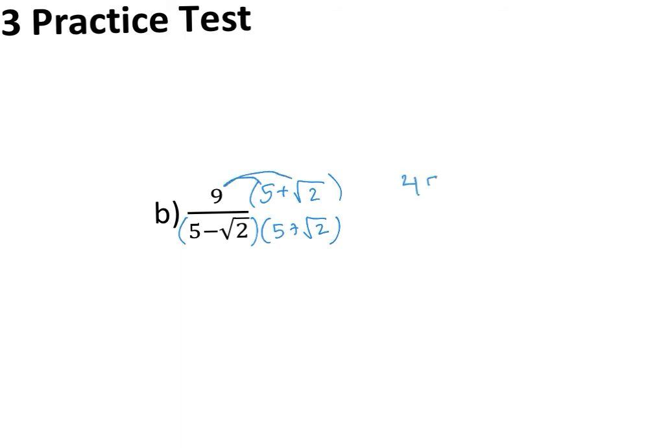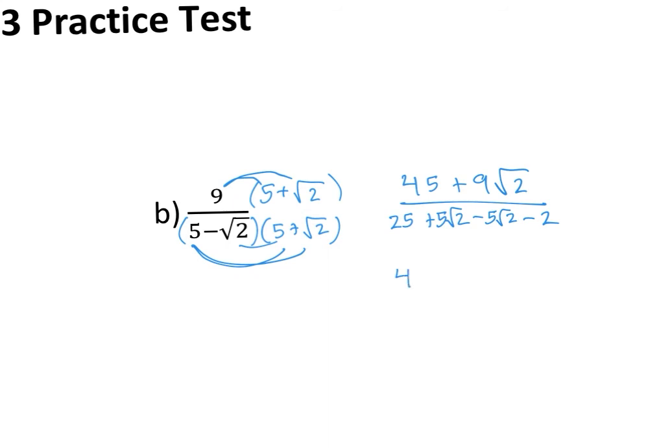That gives me 45 plus 9 square root of 2. On the bottom I have 5 times 5 is 25, plus 5 square root of 2, minus 5 square root of 2, minus 2, which ends up being 45 plus 9 square root of 2 over 23.